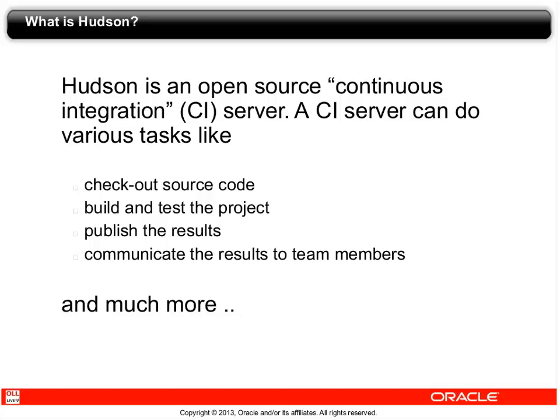And people can go and see what's going on, and all those types of things can be done, and much more. In this particular talk, I'm going to talk mainly about Hudson as a continuous integration server for software development projects. It can be used for so many other purposes, but that's not the topic for this particular talk.